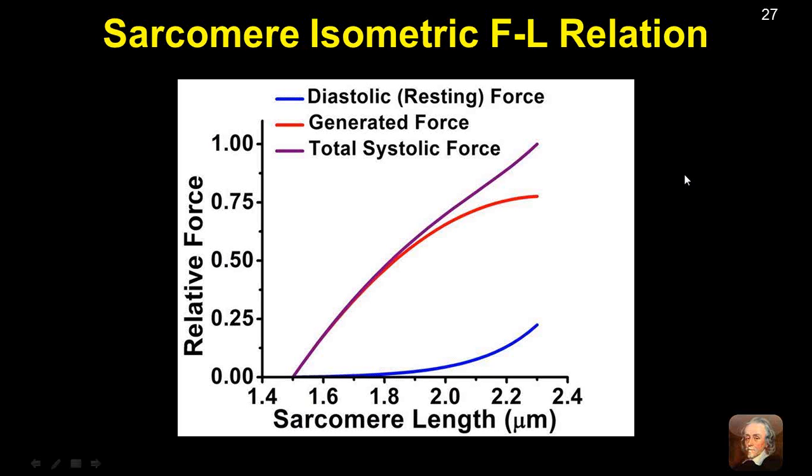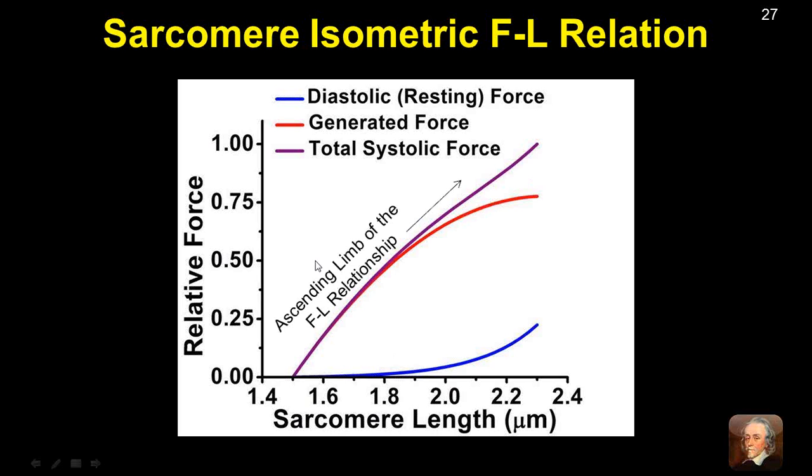Okay, thank you. So let's just go a little bit deeper into the concepts preload and afterload. And again, just to remind you that the basis for these relationships, both in systole and diastole, are found in the sarcomere. We know that as we change sarcomere length, we change the passive properties, the passive force that is generated by the sarcomere, but also the active force that the sarcomere can generate at end of systole, at peak systole.